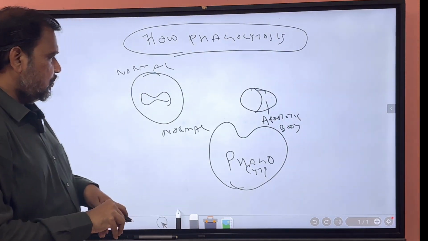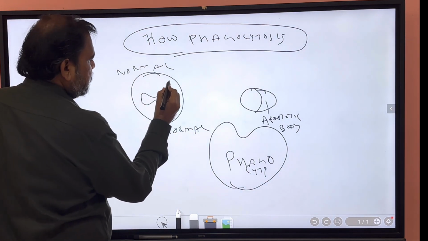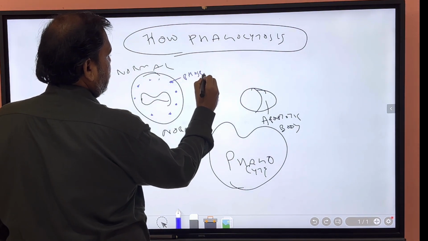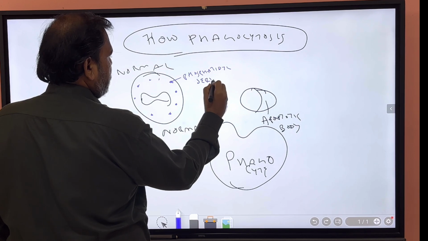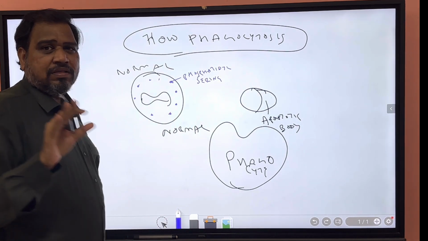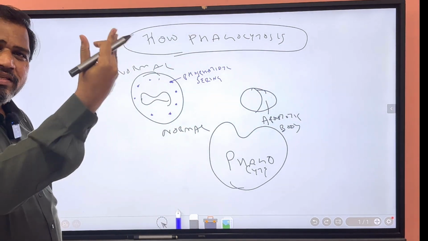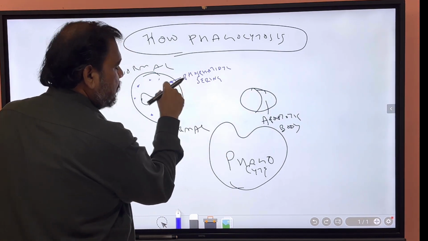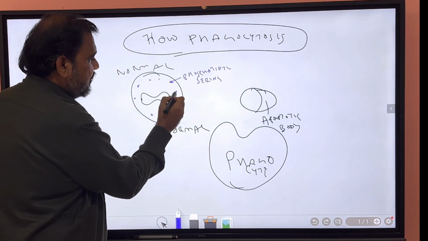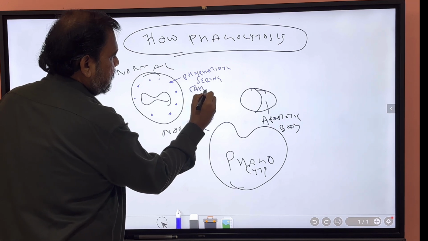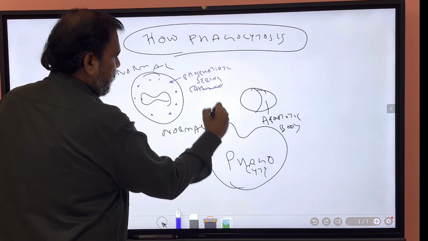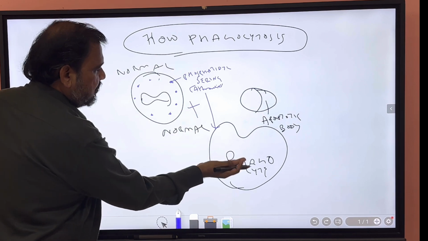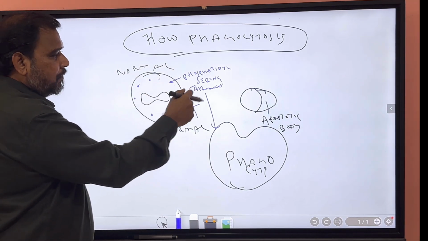How is this possible? Now just concentrate. In a normal cell there is phosphatidylserine. This is going a little into depth, but it is worth mentioning. In a normal cell, the phosphatidylserine is present inside the cell, so the phagocyte is not attracted to it. Phosphatidylserine is one of the attractants for the phagocyte, but here it is inside the cell. So the phagocyte is not attracted towards the cell.